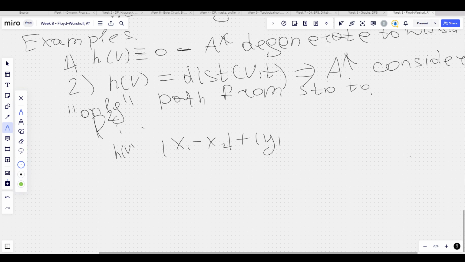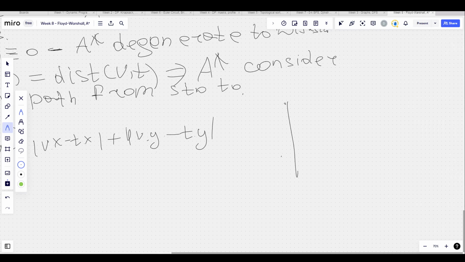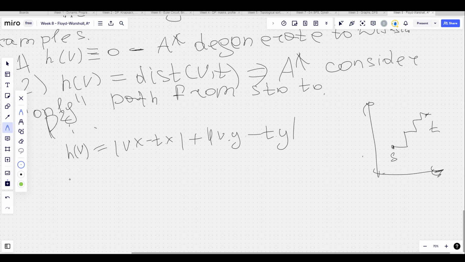H of v equals to... And this is very useful in games where, for example, if you have some plane, consider S and T, you can move like this, and you need to use this Manhattan distance to get the correct answer.